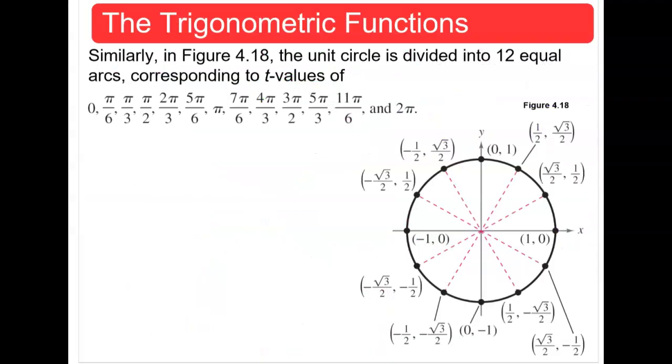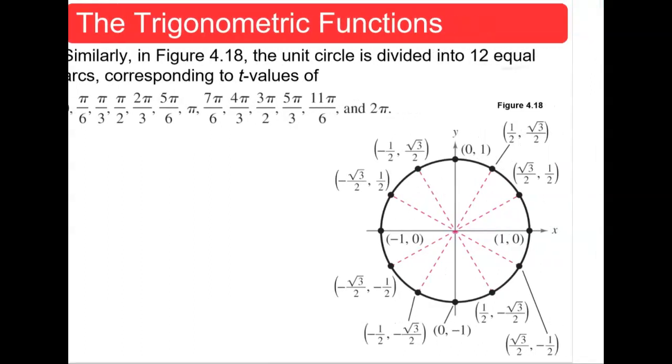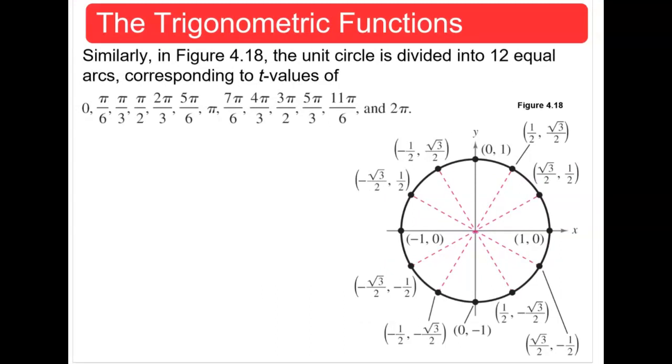So now we're going to do the same. We're going to label some of our common angles. And now we're going to divide the circle into 12 equal parts. So before we place the numbers that we have listed here on the left side of the screen, I'm going to label what I call terminal angles, but they're actually called quadrantal angles.